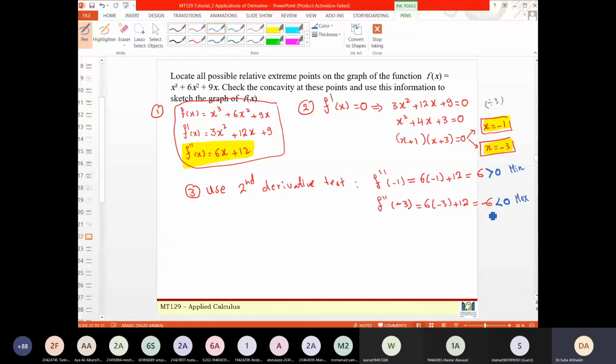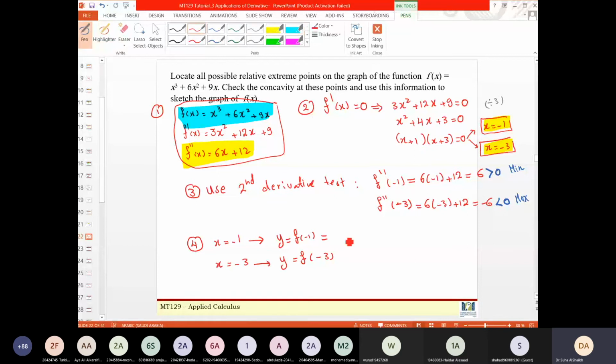Now moreover, I need step number 4, the y part. When x is equal to minus 1, I need to find the y, which is f at minus 1. And when x is equal to minus 3, I need to find the y, which is f at minus 3. Where is the f? Here is the f.